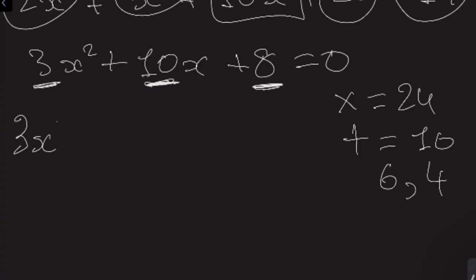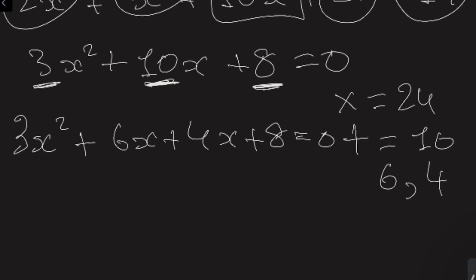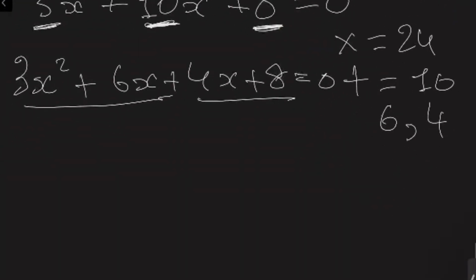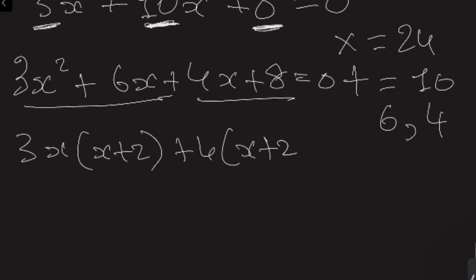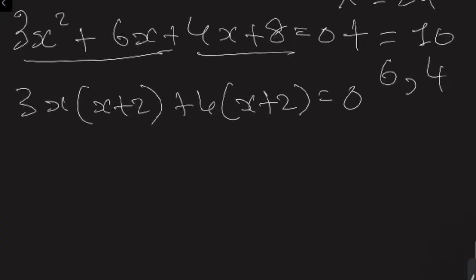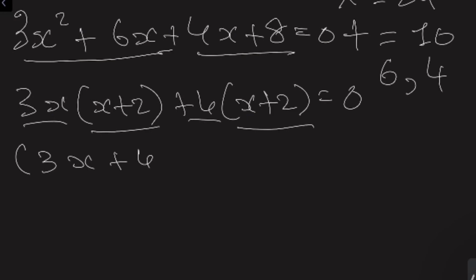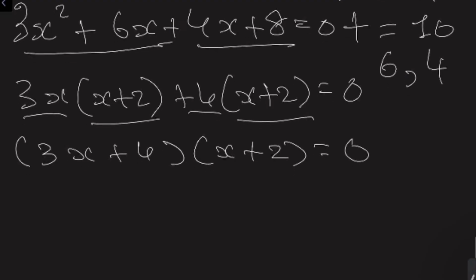So split that middle 10x into 6x and 4x, and then factorize each set of 2. You would do 3x, x plus 2, plus 4, x plus 2. As you can see, they've got a common bracket, so do 3x plus 4, and then x plus 2 equals 0. And now you've done the hard part.